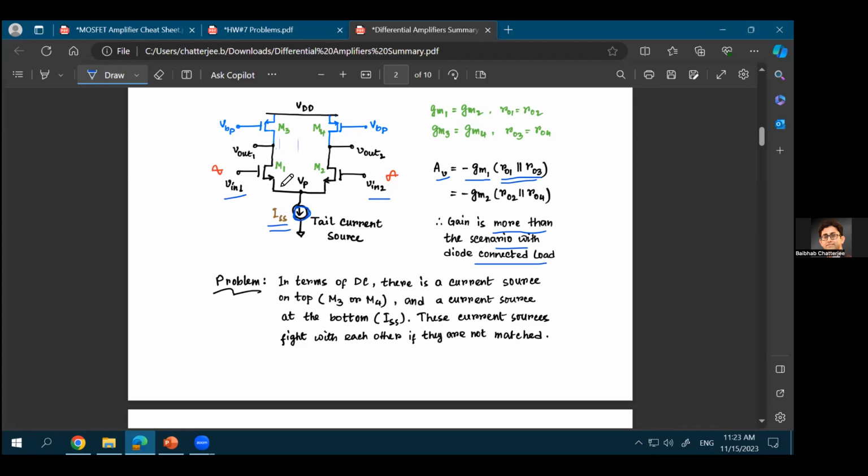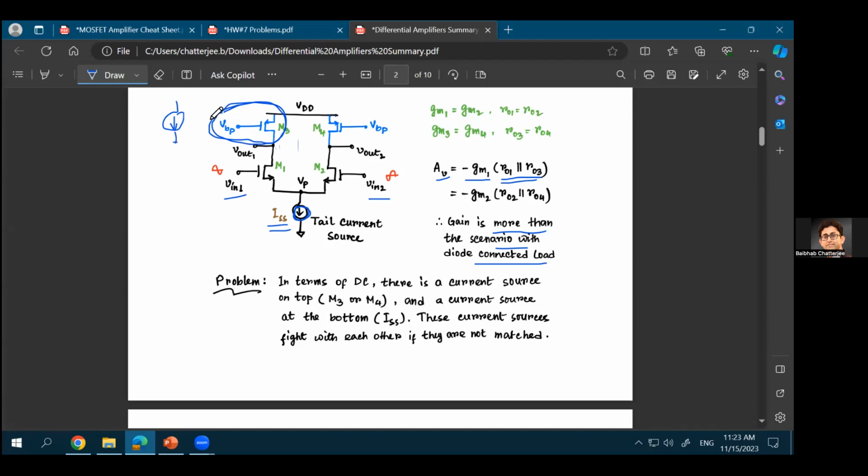But at the same time, we just said that there is a current source on top over here because you're biasing this particular transistor. And as soon as you bias a particular transistor in saturation, that becomes a current source. So this actually works as a current source, right?